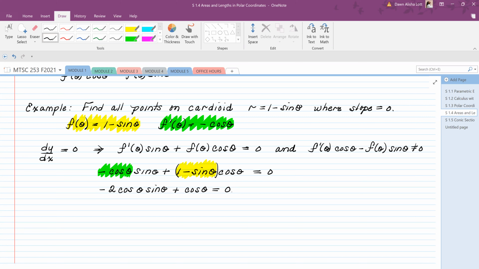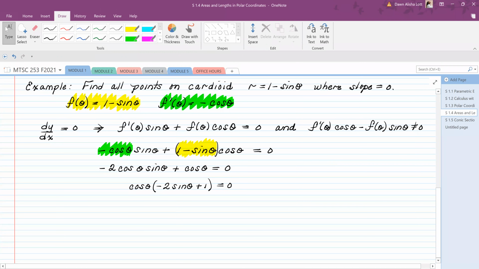Because I have negative sine theta, so that's negative 2 of those. Okay. So let's factor out cosine theta. And we get negative 2 sine theta plus 1 is 0.